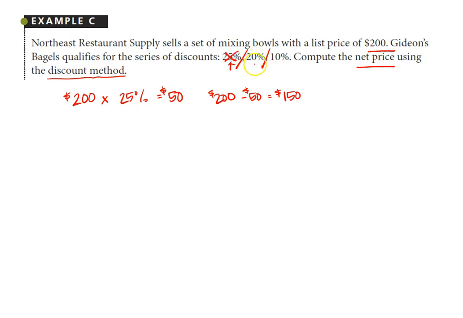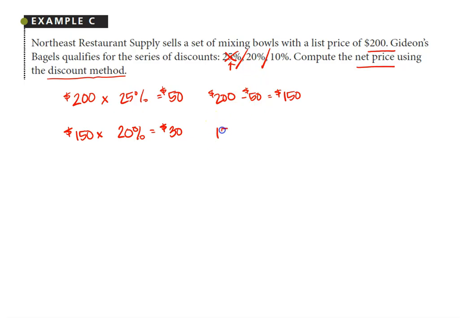Next, I'm going to take 20% of my new net price. So I'm just starting on a line below. I'm going to multiply that by 20%. And 150 times 20% gives me $30. I'm going to find the new net price after this 20% discount.